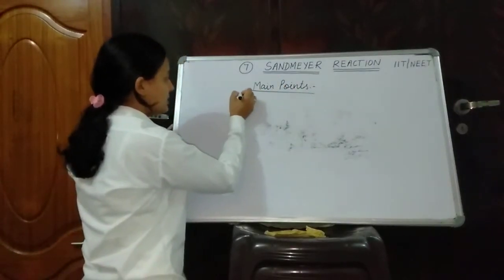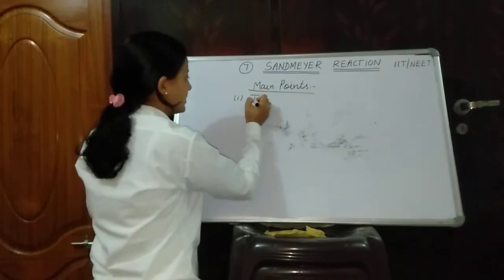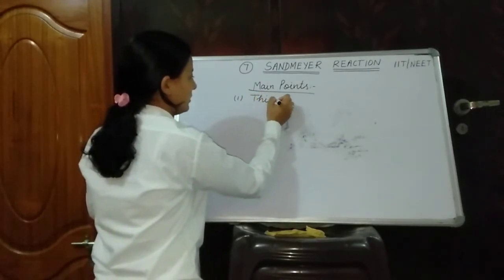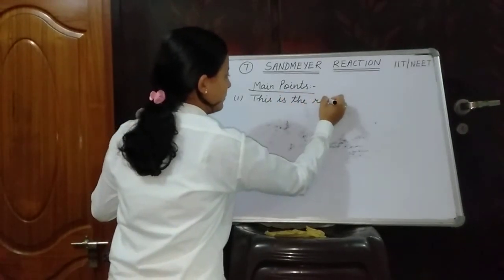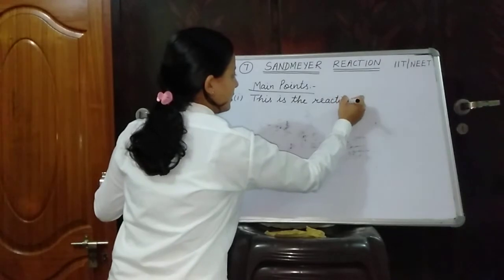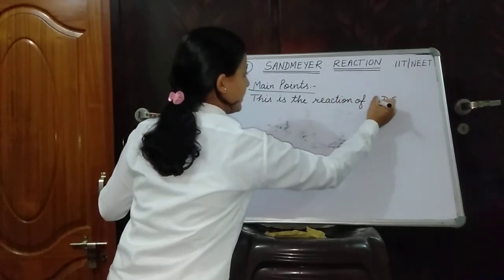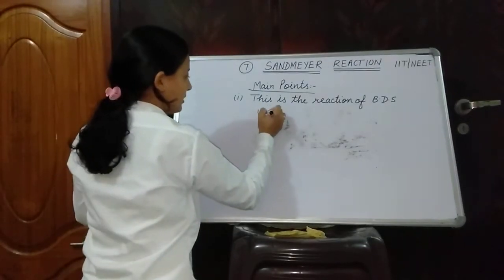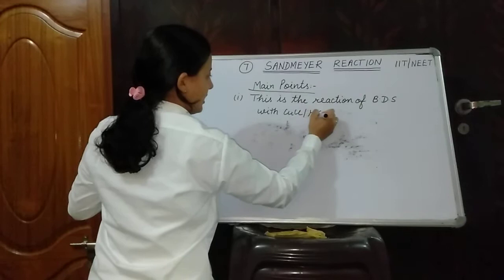In the main points, first, this is the reaction of diazonium salt. I can write here BDS, benzene diazonium salt, with CuCl and HCl.